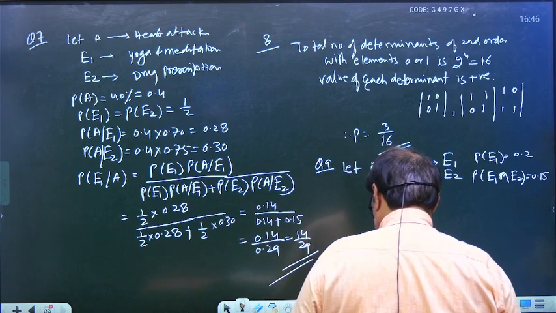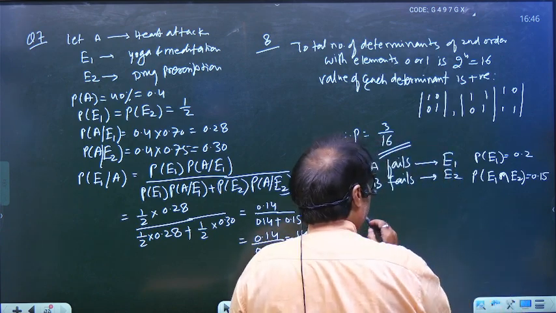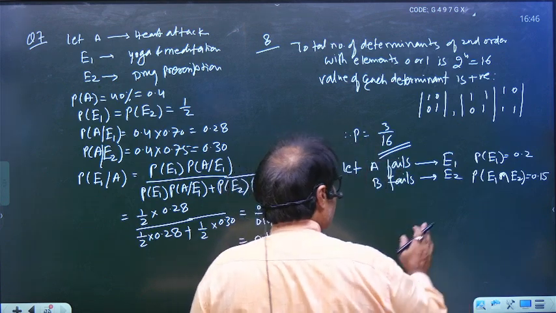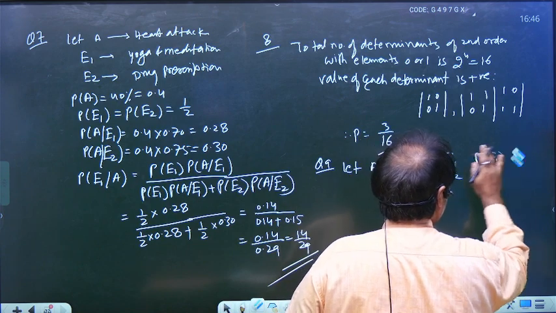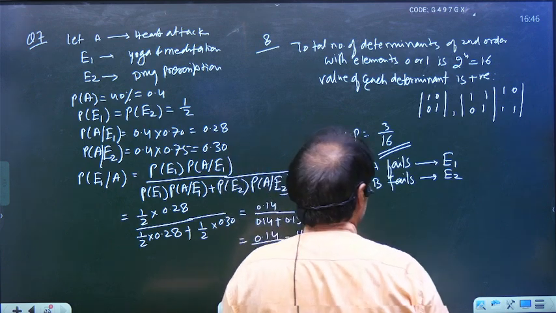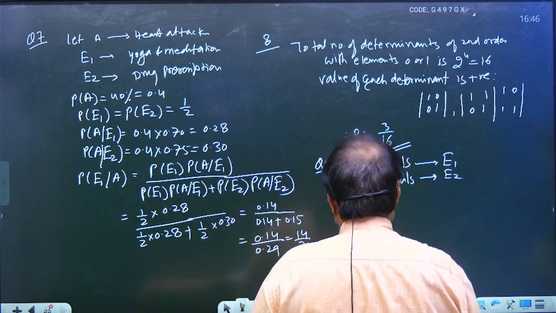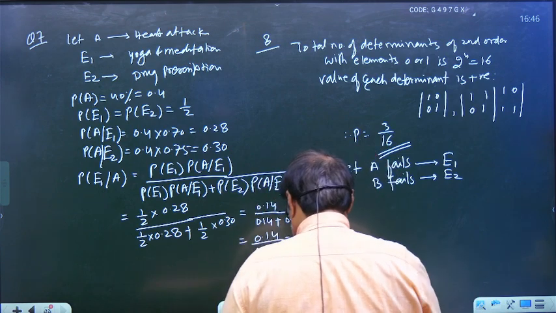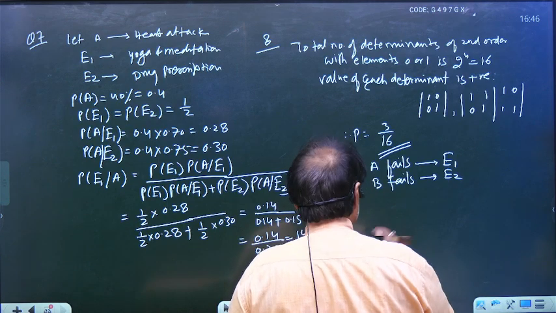Or we can write it in this way. What is given: suppose A fails be the event E1, and B fails be the event E2.